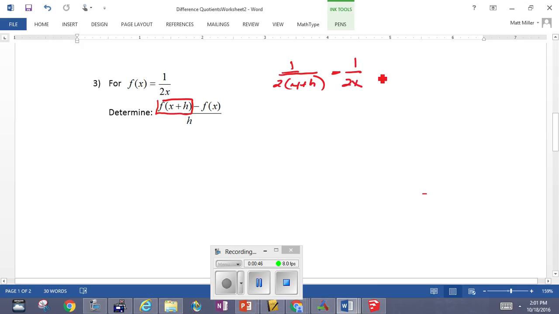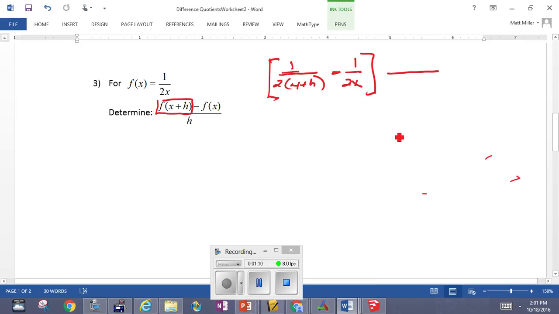Now, here's the deal. It's fractions. You got to add fractions by putting them on a common denominator. A lot of people had issues with putting them on a common denominator. Consider this as another option. I multiply by 1, in the form of the common denominator over itself.